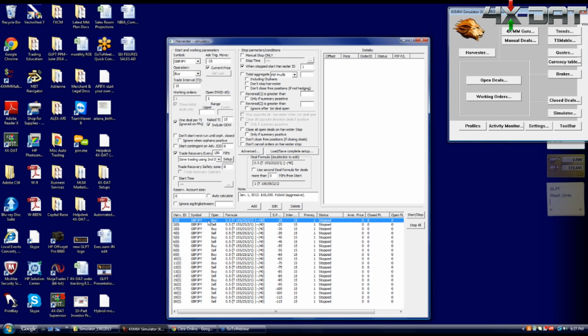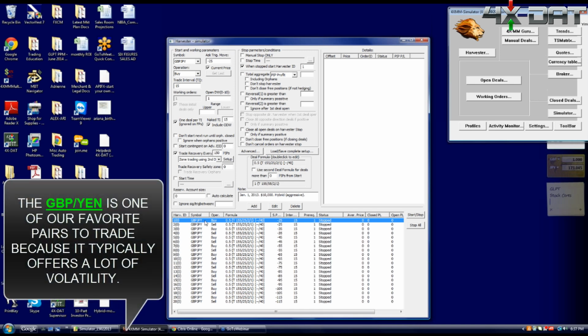It is for one currency pair, pound yen. We like to trade that pair because when it behaves normally, it has a lot of volatility. It moves a lot, up and down, and those who trade know that you need volatility to make money. So we like that.